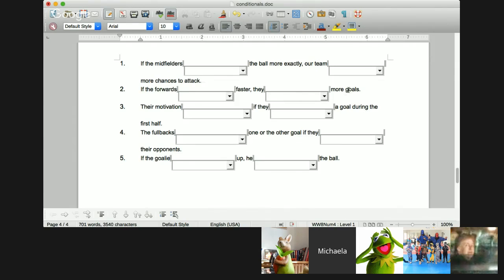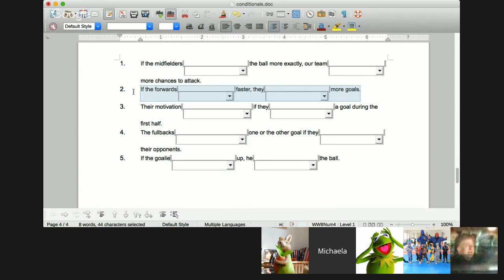If the forwards had run faster, they would have get more goals or the ball.